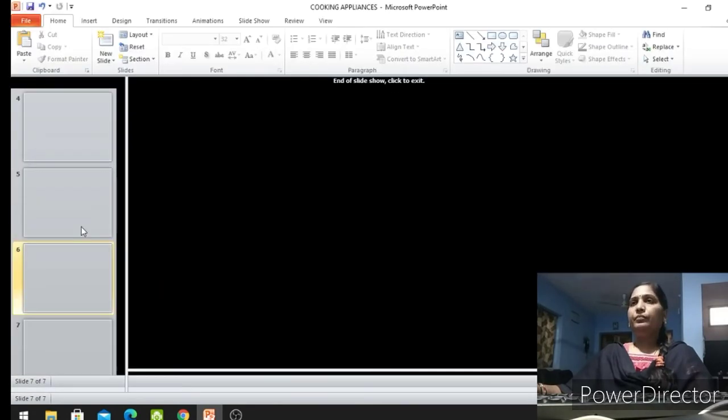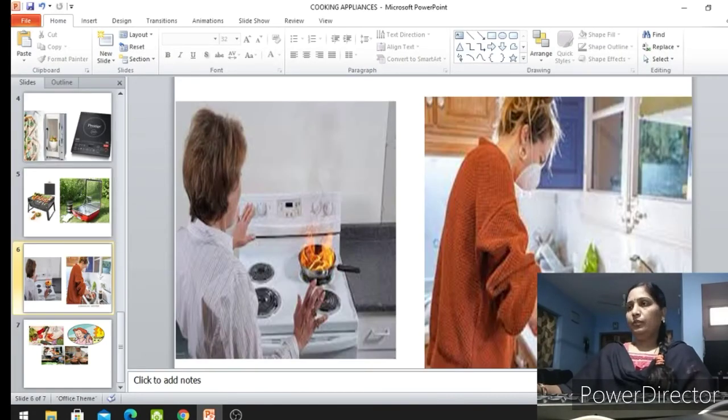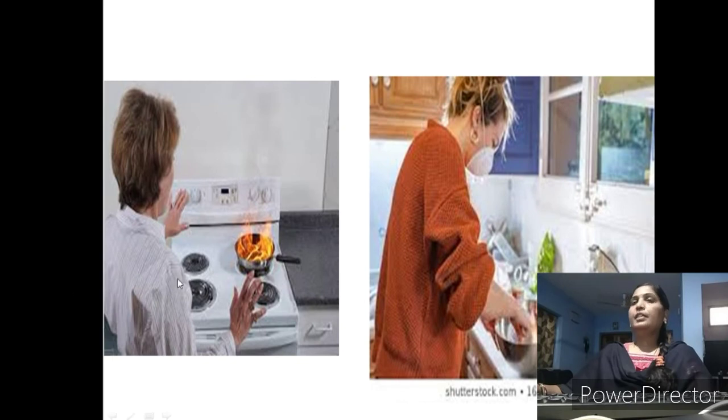And the next picture. When you see this picture, the lady is going very close to the stove. That's also not a safe method. When you are cooking the food, if it catches fire, you are not supposed to go very close to the cooking appliance.